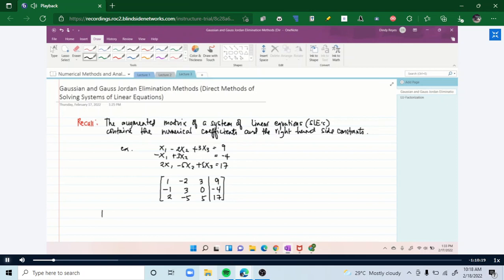Okay, now the method of transforming a matrix into its REF or row echelon form is called Gaussian elimination.